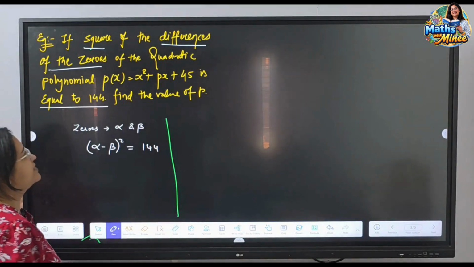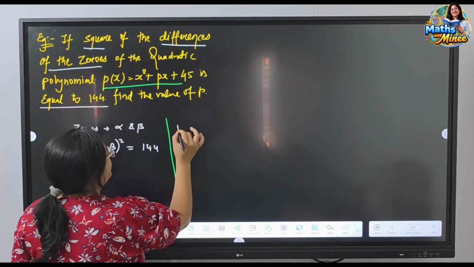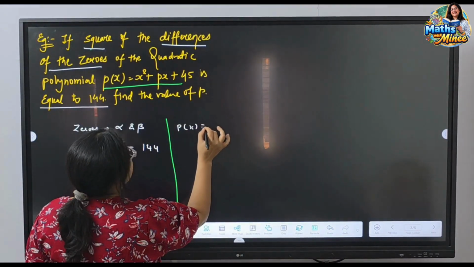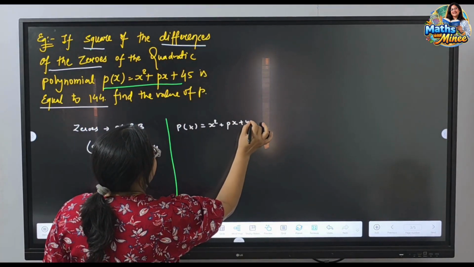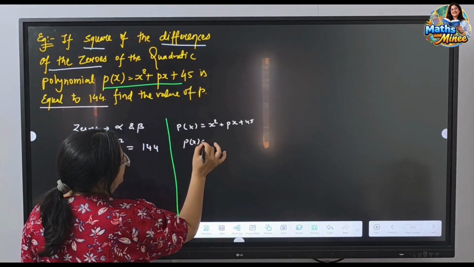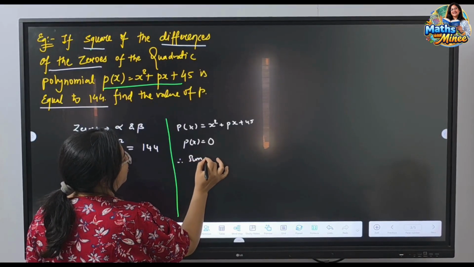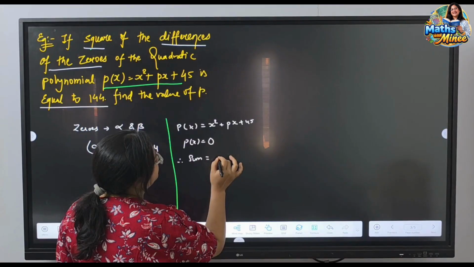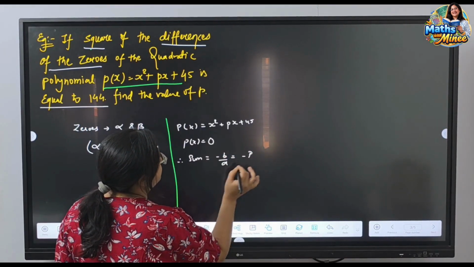So let us say this is our polynomial, p of x is equal to x square plus px plus 45. Now if p of x is equal to 0, therefore the sum will be minus b upon a, which is equal to minus p.